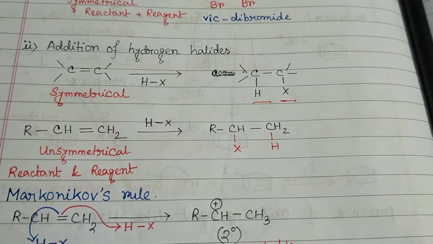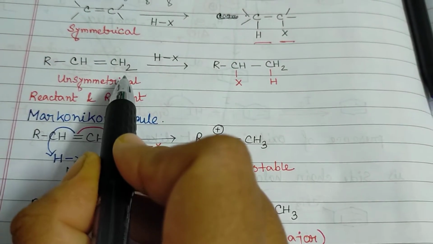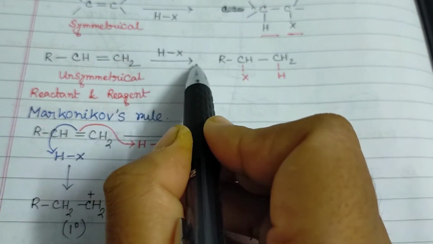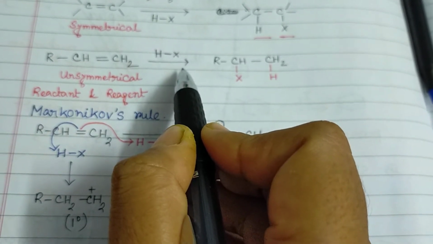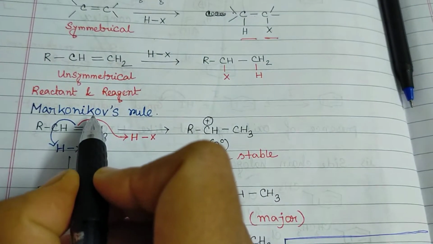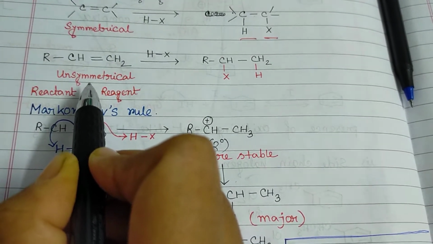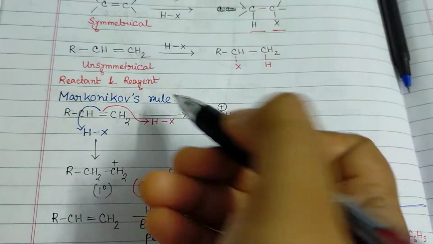But when the alkene is unsymmetrical and the halogen acid is also unsymmetrical, then we have to think about the rules of addition. That means here the addition will be according to one rule, which is Markovnikov's rule.